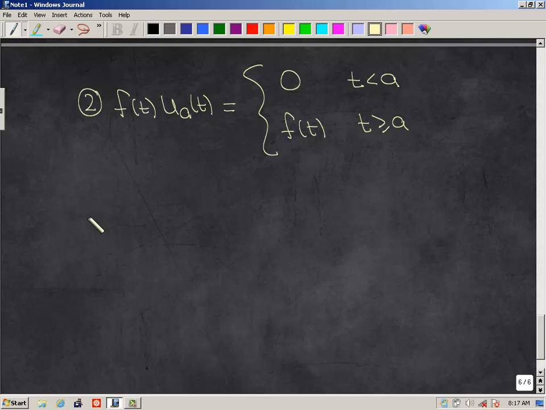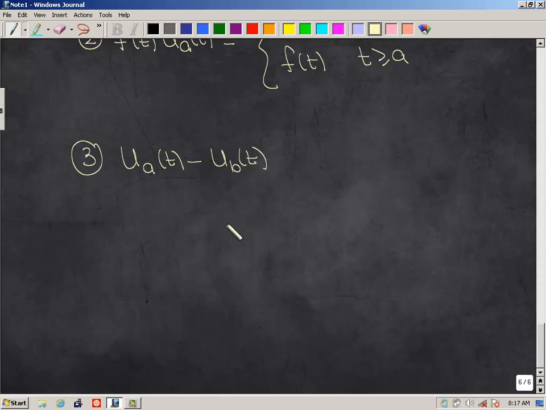All right. Let's take a look at a different example. What happens if I take u sub a minus u sub b? So what does this mean? This one comes on at a, and this one comes on at b, and you're subtracting them. What's going to happen? Okay, so let me graph this one, and then I'll write down what's going to happen.